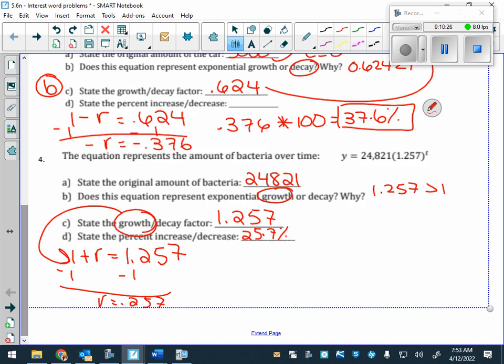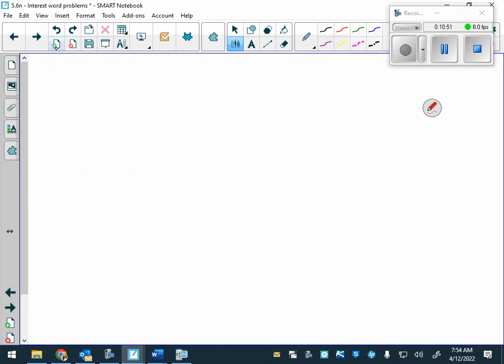Are there any questions on the homework that you came across? This number 4. For the graphing? Okay.